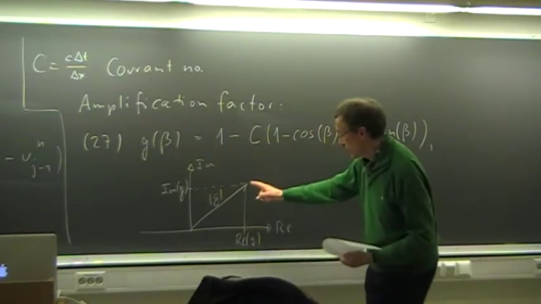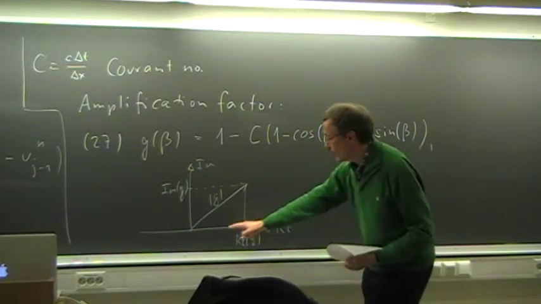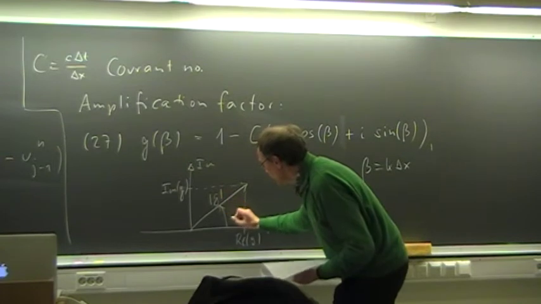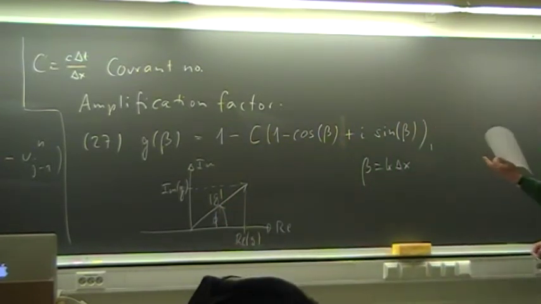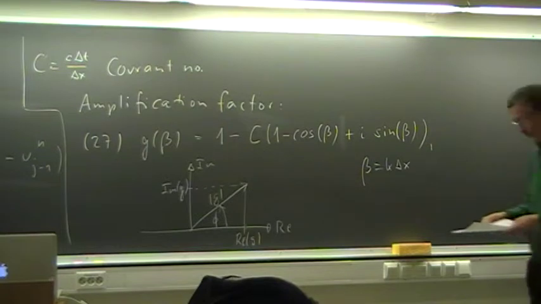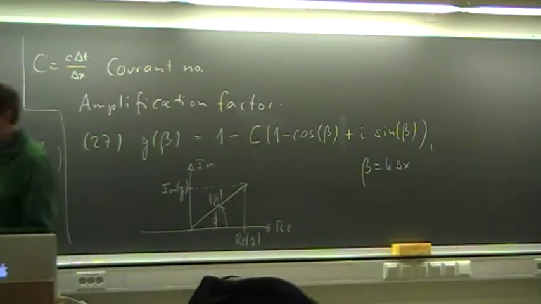If we take the tangent of the imaginary and the real part, we have an angle phi. So then we can represent this complex number by its absolute value and the angle. And that was the thing that we were doing last time and that we want to continue now.